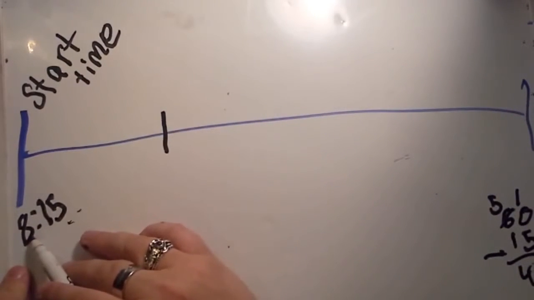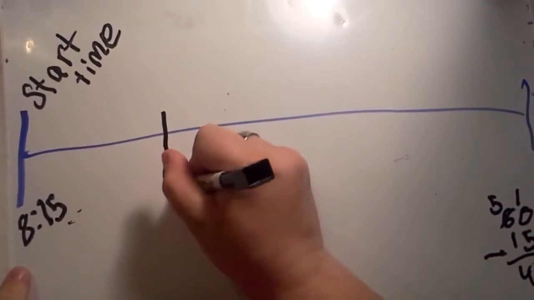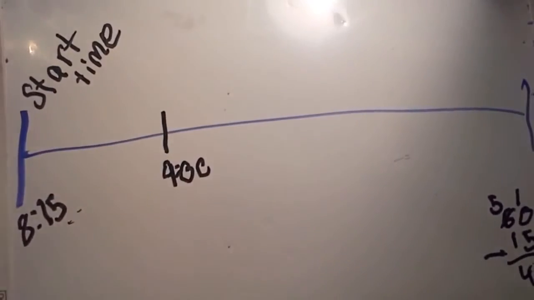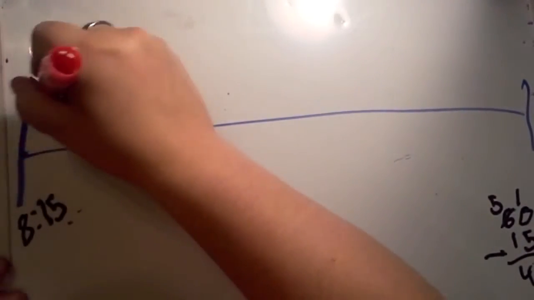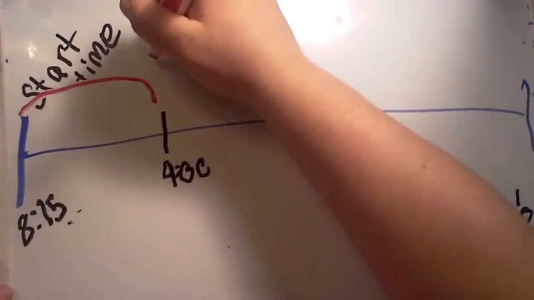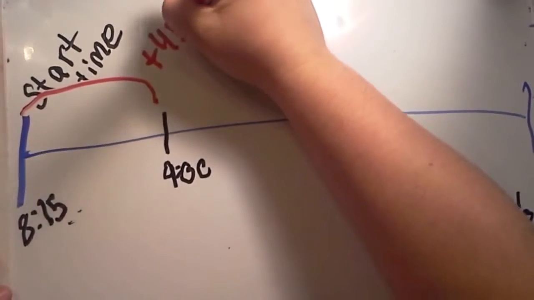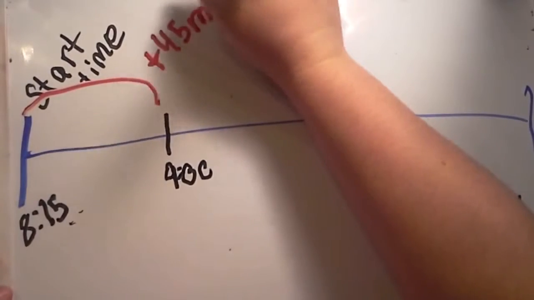So, after 8 comes 9. So, this is 9 o'clock. The way I'm going to show that is I'm going to put a hop right here and then plus 45 minutes.